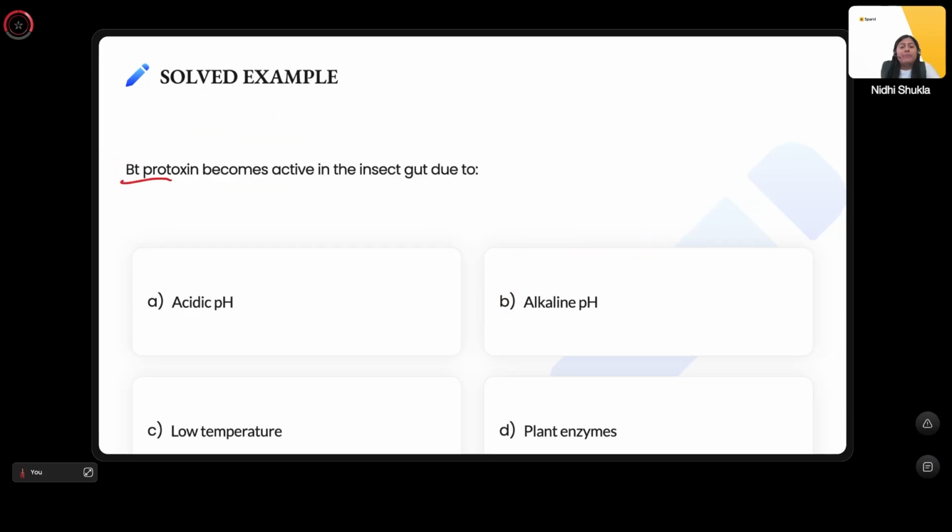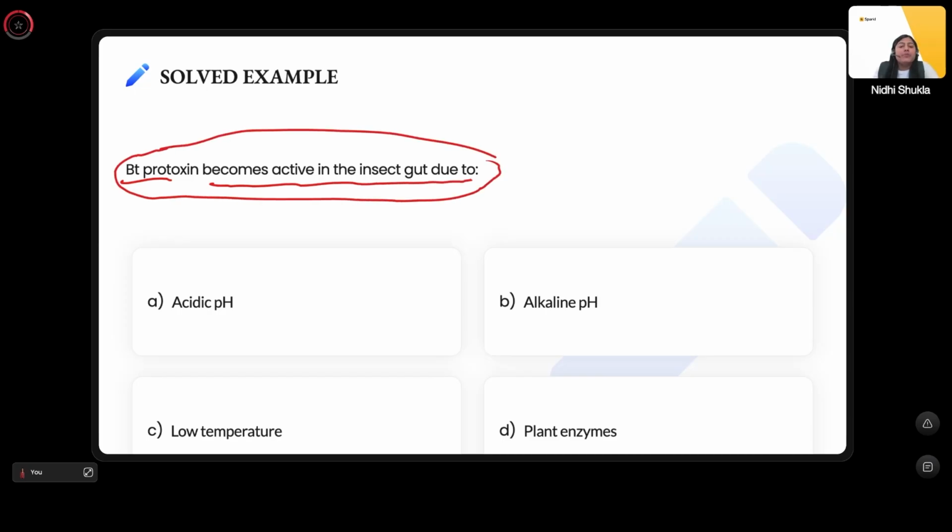Now, Bt protoxin becomes active in the insect gut due to. As you know, Bt crystals are inactive protoxins. They do not harm the bacteria in which they are produced. Why do they not harm the bacteria? Because in bacteria they are present as inactive protoxins, but they can kill insects. Why can they kill insects?